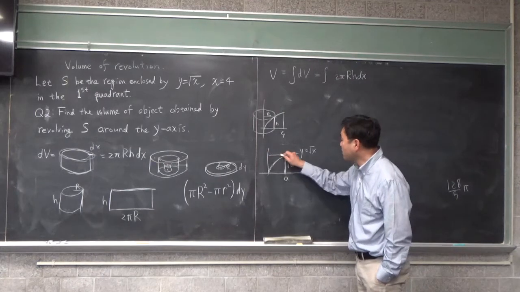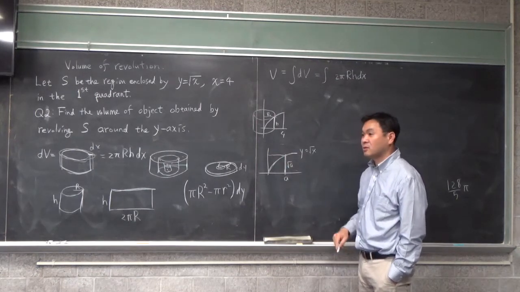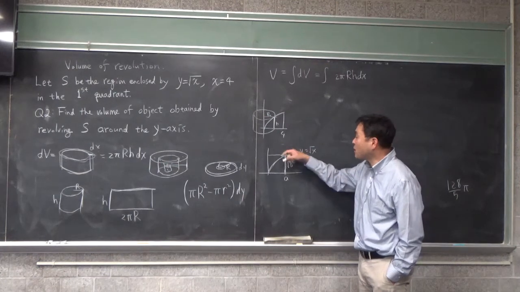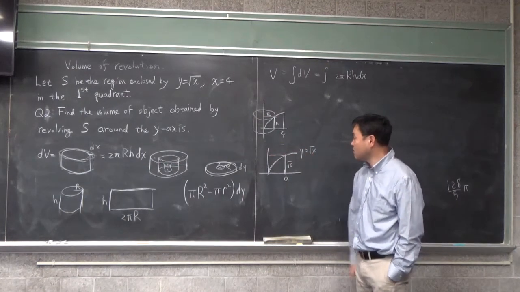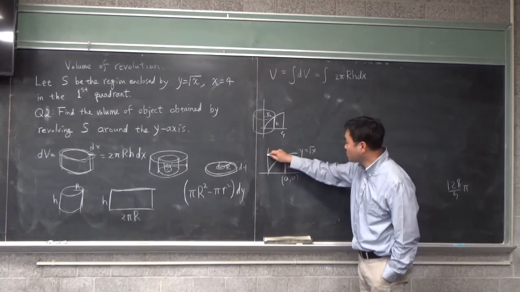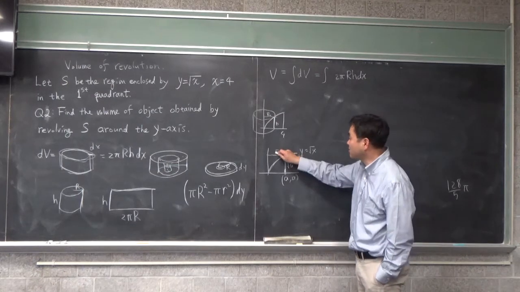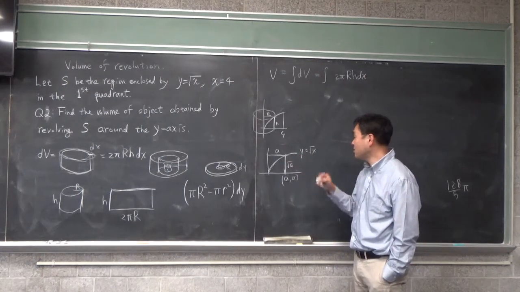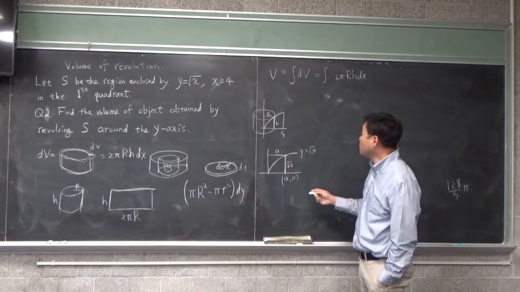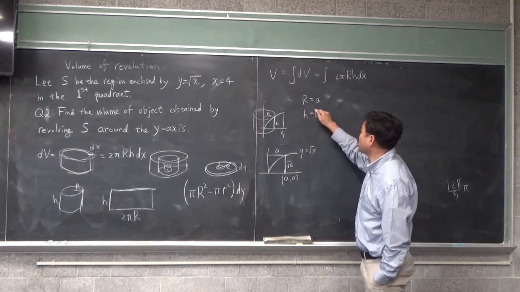What is this length, from here to there? That's the r. If you're at the point (a, 0), what is this length? It's just a. So what we know is that r must be a, and h must be square root of a.